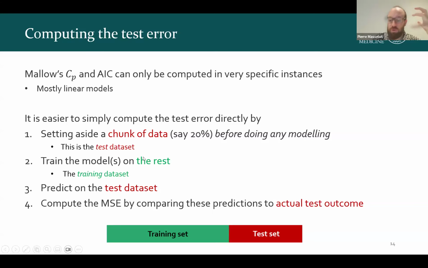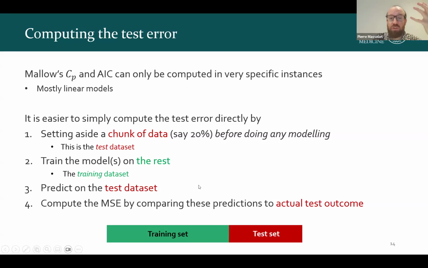When you start your analysis, before training a model, you remove a chunk of data from your data set, say 20%, for instance, and this will be the test data set. Then you just keep the rest, the 80% you're left with, and you train your model on that. And once you've trained your model, you can predict on the test data set, so this initial 20%.